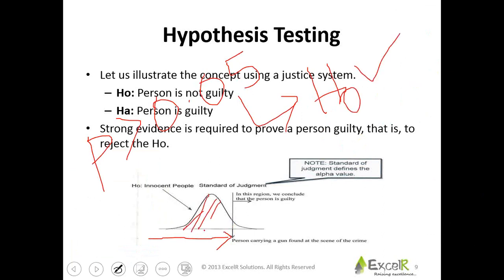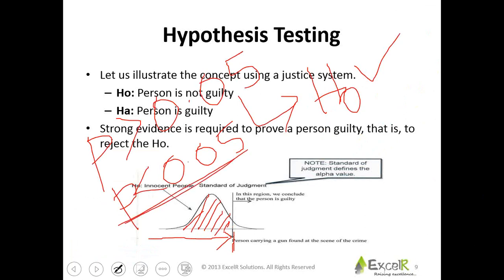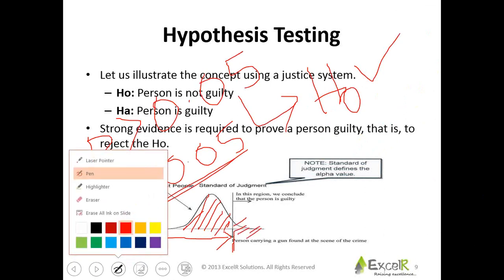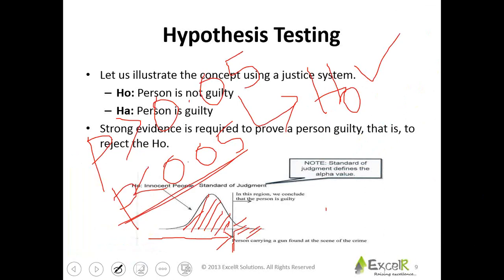The moment you cross this point, you say that, oh my God, now p is less than 0.05. For me to accept the null hypothesis, there is only a probability of less than 0.05. That is when you reject the null hypothesis and accept your alternative hypothesis.